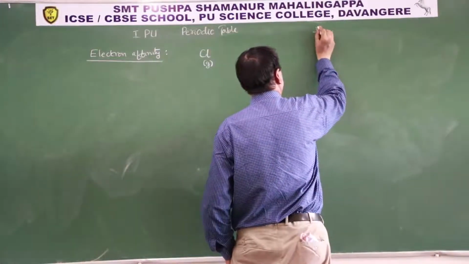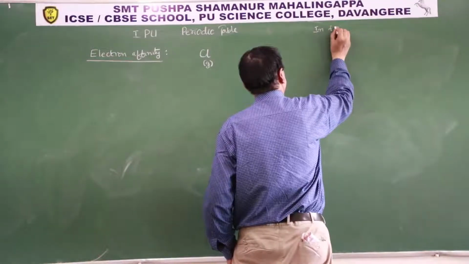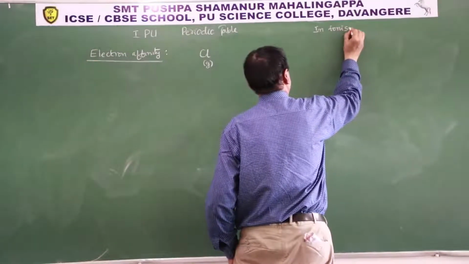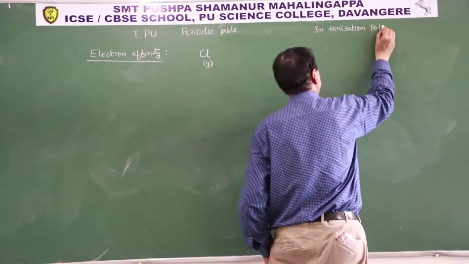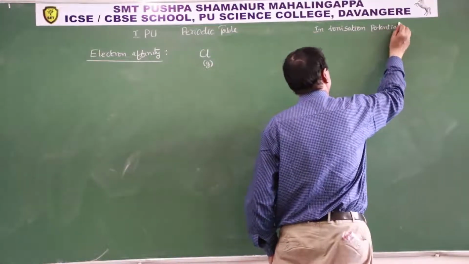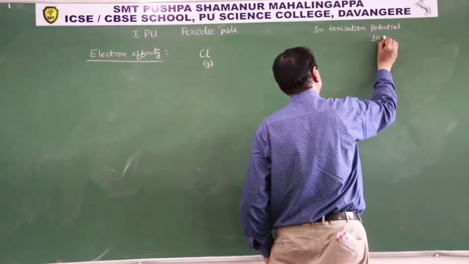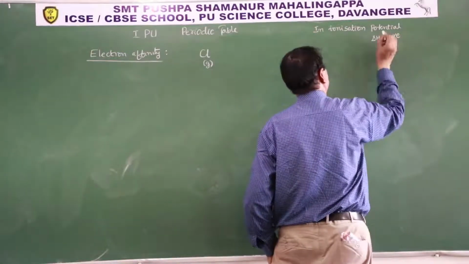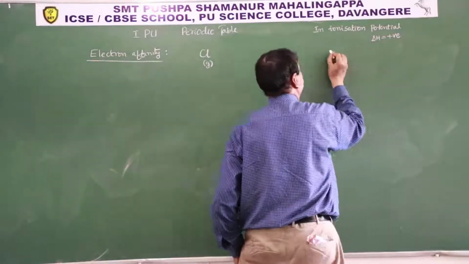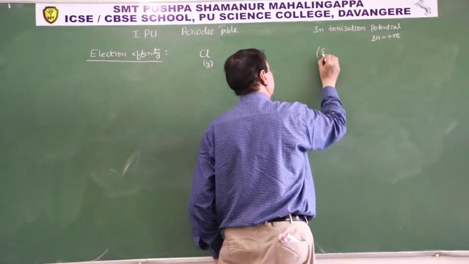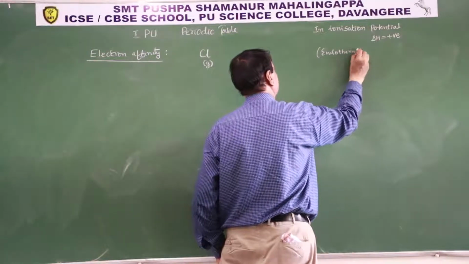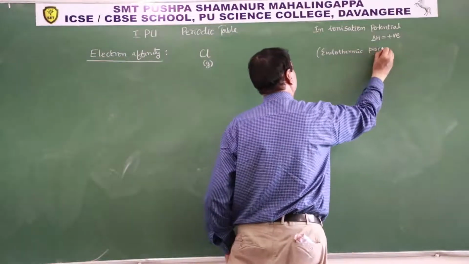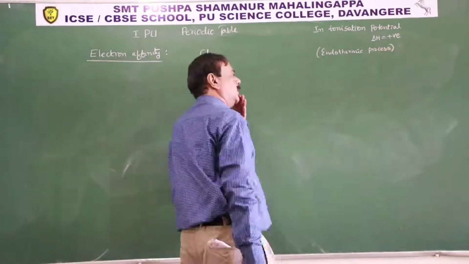In ionization potential, delta H is positive. Delta H is positive means endothermic process.